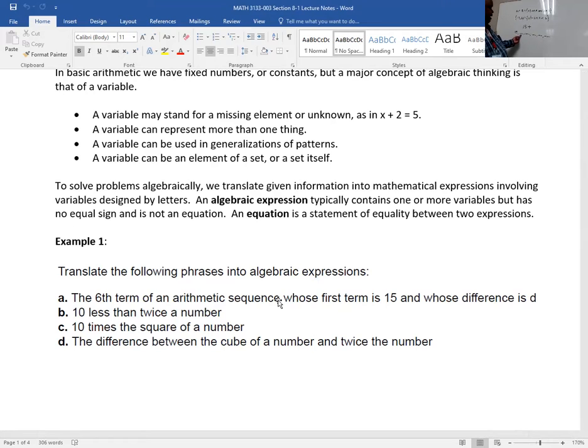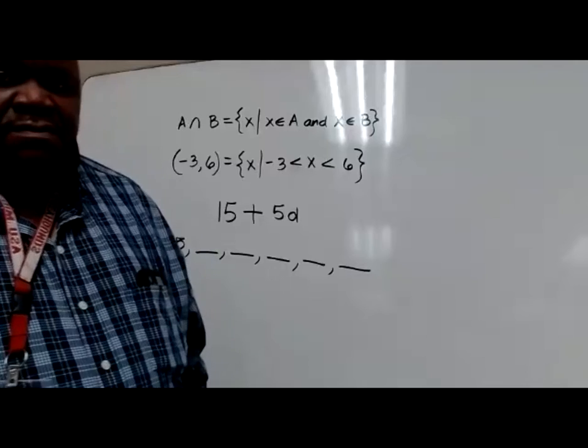So in this case, if we're adding D each time, how many times are we adding D? 5 times. So it'll be 15 plus 5D. Okay.